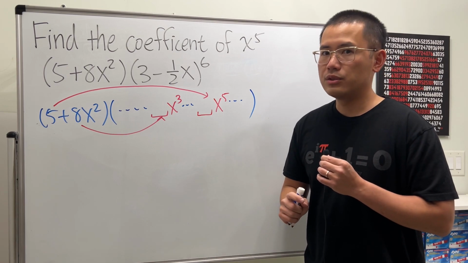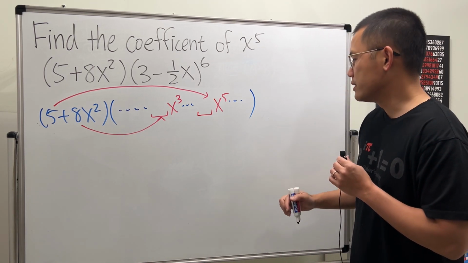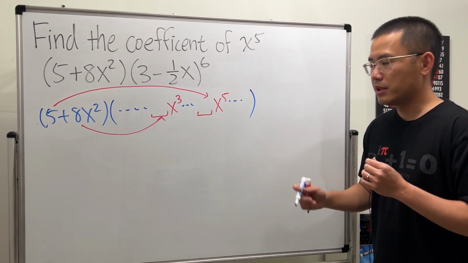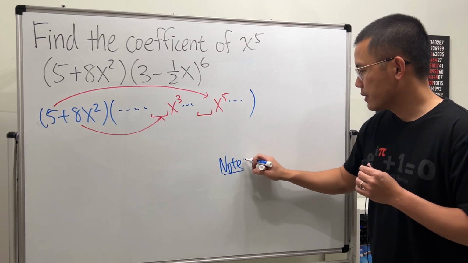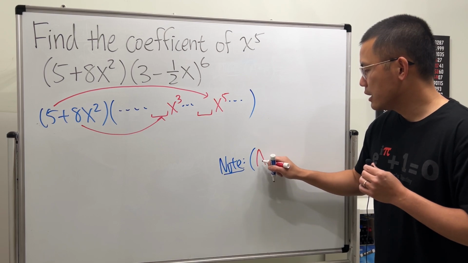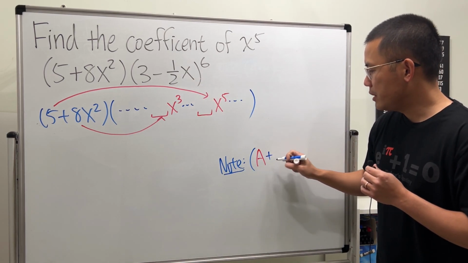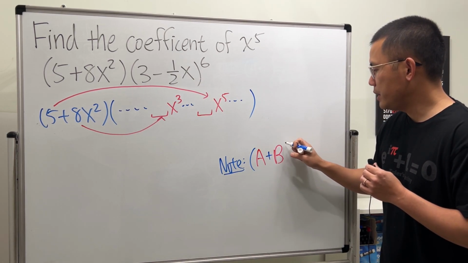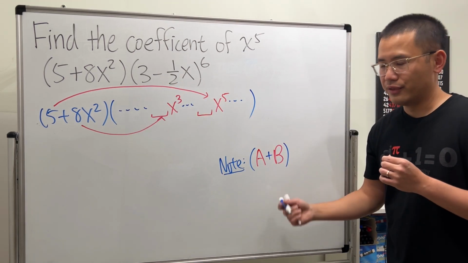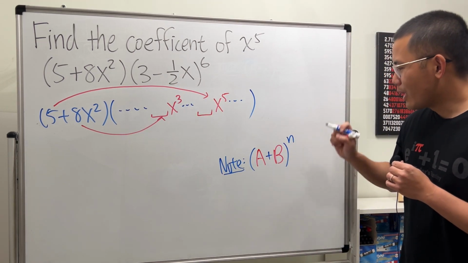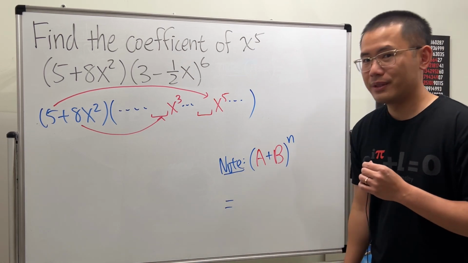Well, the key is to use the binomial coefficient. And that is the binomial theorem. Let me write it down right here for you guys. Note, if today we have two terms, a and b, I'm just going to write it as a plus b. Even though this is a minus, but b could be negative. Raised to the nth power, then we are going to get the following.